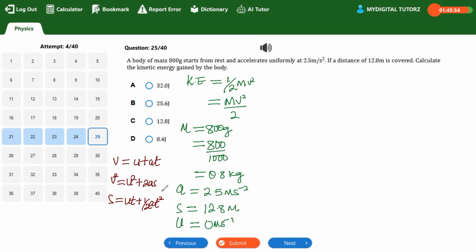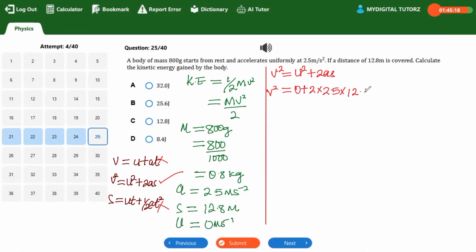From all our parameters, there's none that gives us a time. So we cannot use this formula, we cannot use this one, we cannot use this one. So this is the appropriate one to apply. So we apply the formula to get our final velocity: v squared equal to u squared plus 2as. So v squared is equal to u squared, which is 0, plus 2 multiplied by a, which is 2.5, multiplied by distance 12.8.